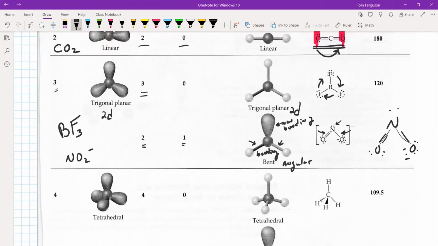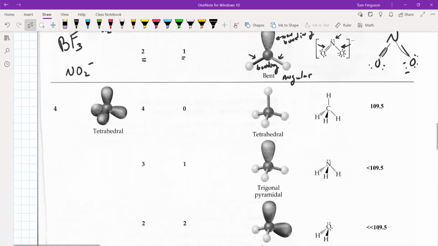Okay, in the situation down here where we have 4 electron domains, then we can have 3 situations. We can have 4 bonds, no electron pairs, 3 bonds with atoms and 1 electron pair, 2 bonds and 2 pairs.